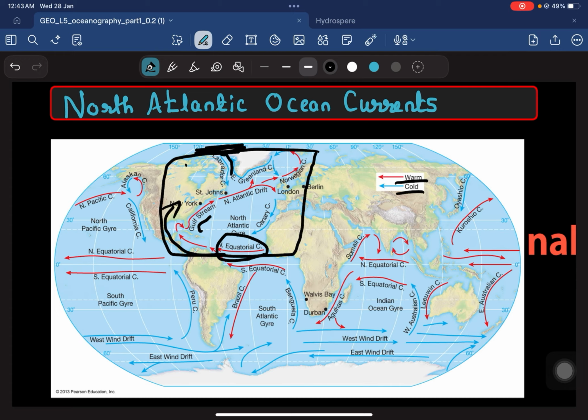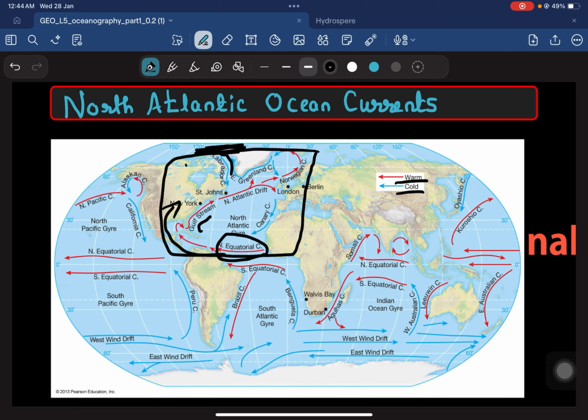Okay, is this Labrador current a cold current or a warm current? See here which color it is. It is blue color, right? It is a cold current. Why is it a cold current? Because in the North and South Pole the intensity of sun rays is very less, because cold water is there. That's why cold currents will come from the North Pole and South Pole.